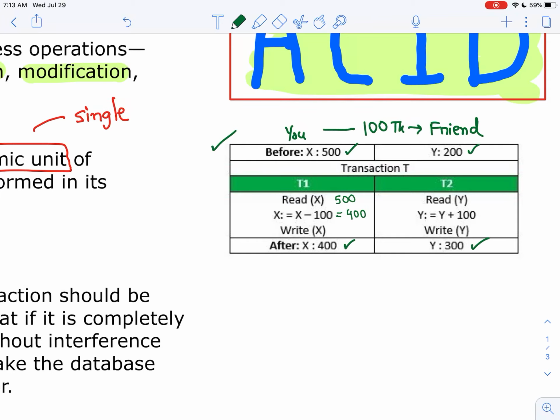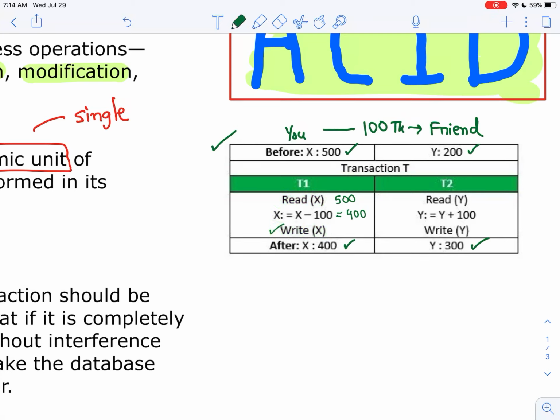And then it's going to write that 400 in the database. Remember, even though there is a read operation here and a write operation here, I'm calling this entire thing a transaction. By atomicity, this entire transaction must take place or none of it will.